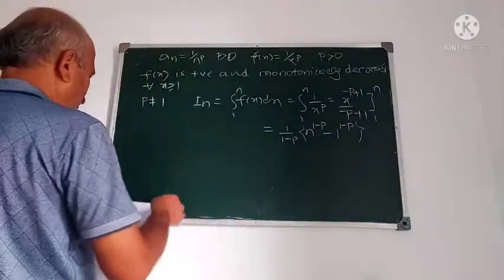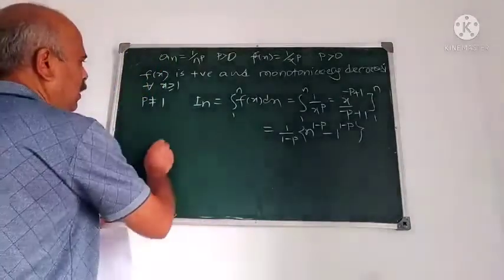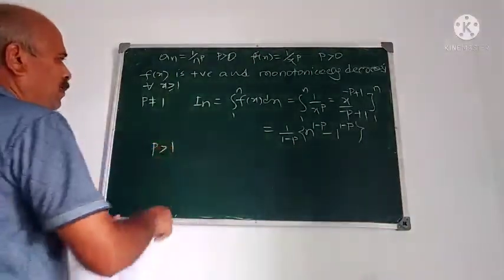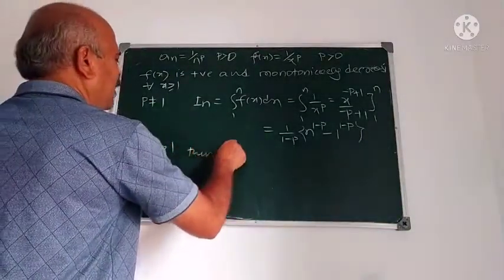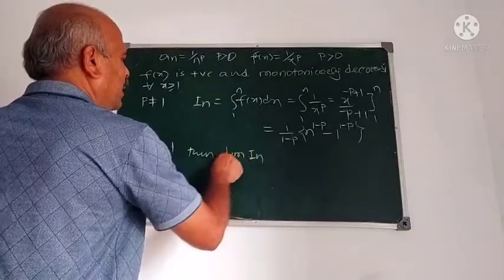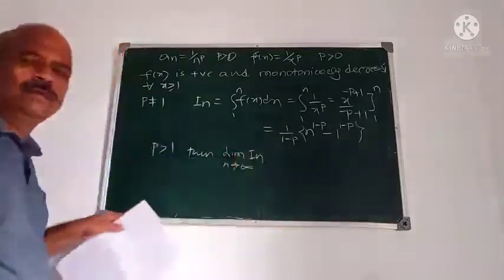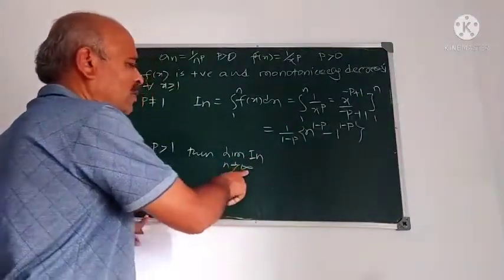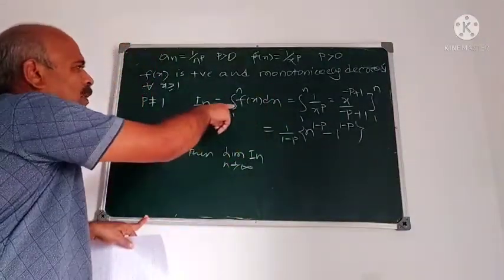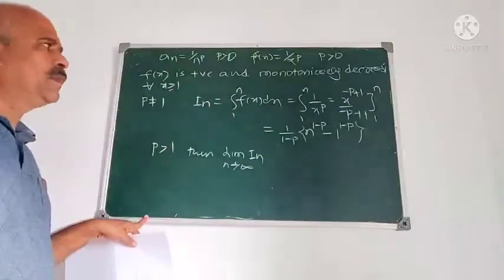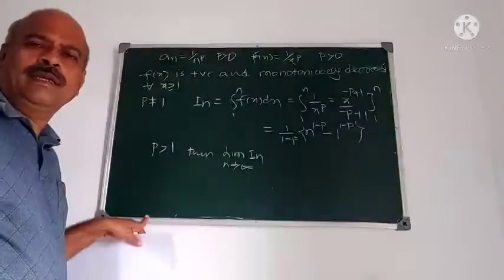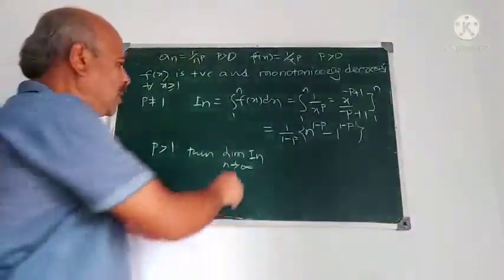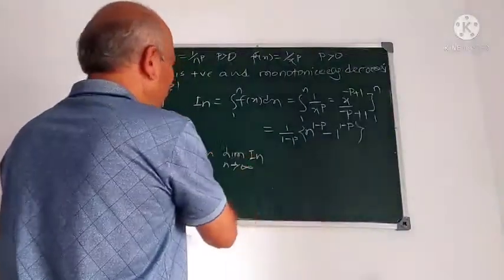Now, when p is not equal to 1, suppose p greater than 1, then we require the limit as n tends to infinity. If I_n becomes finite when n tends to infinity, this I_n converges, and correspondingly sigma a_n converges by Cauchy's integral test.